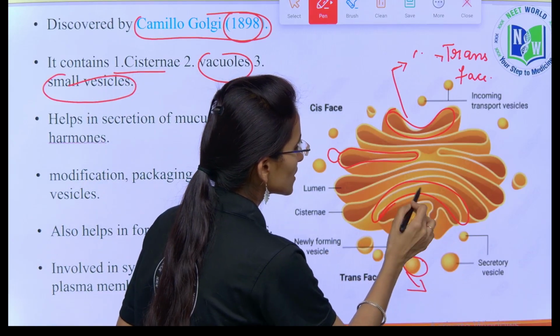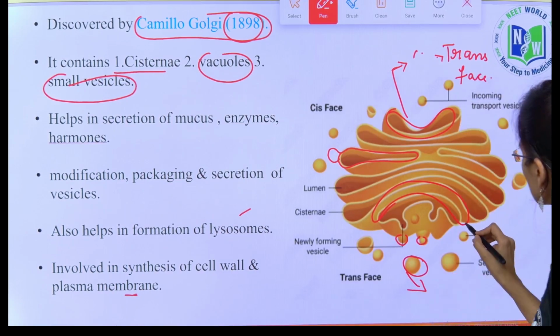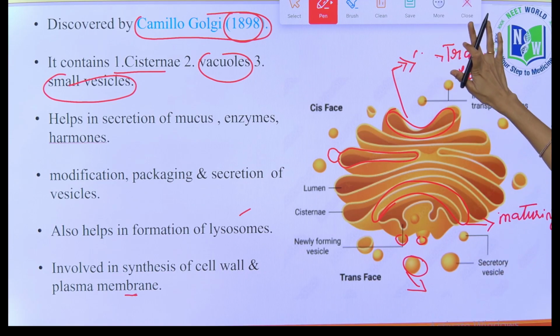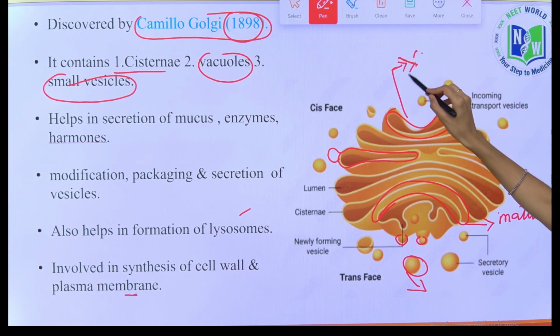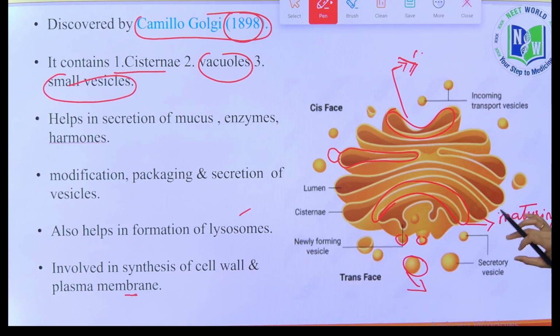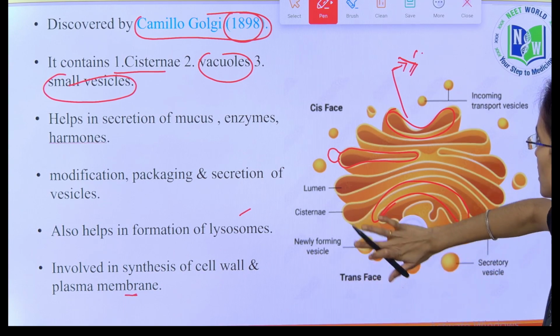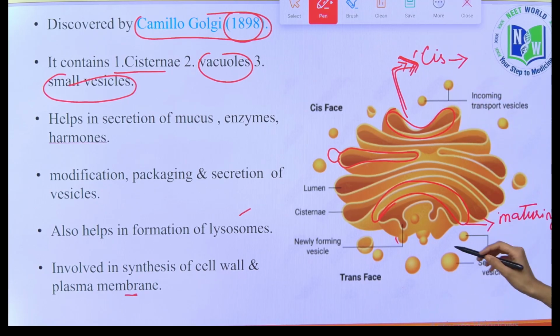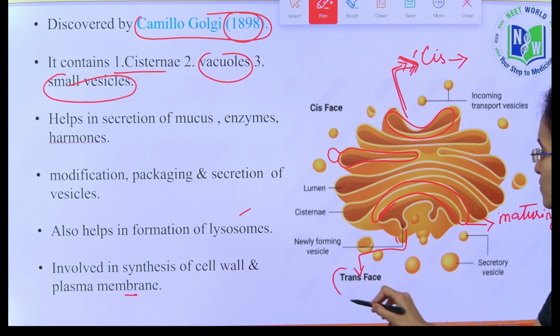Here we have another phase, the maturing phase. Sorry children, here you have a cis phase, and next it is called the trans phase.